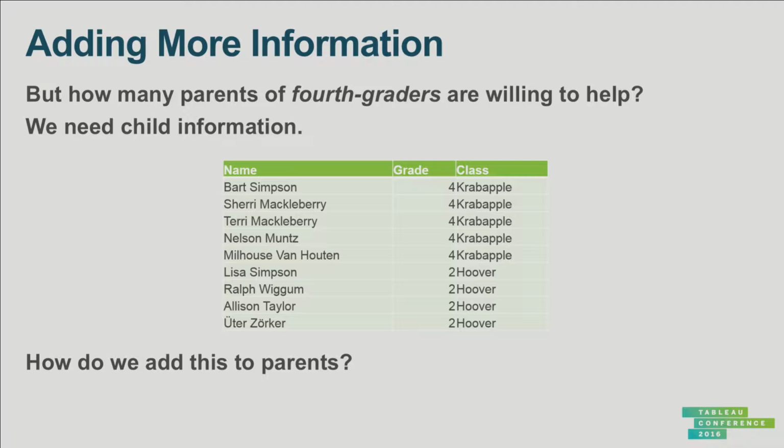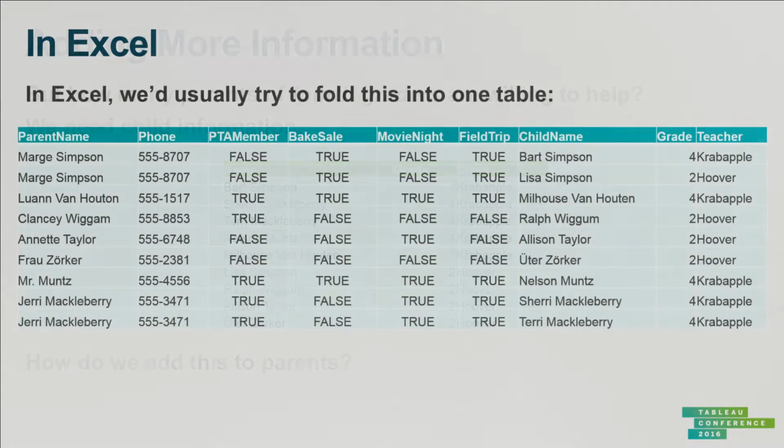So in Excel, if I were to do this, I'd probably squish them all together into a nice big table. Right? Excel doesn't deal well with multiple tables. I can do VLOOKUPs and all sorts of stuff like this, but that becomes very awkward very quickly. So the first sort of impulse that most people would have with a spreadsheet is, all right, let me just stuff it all together.